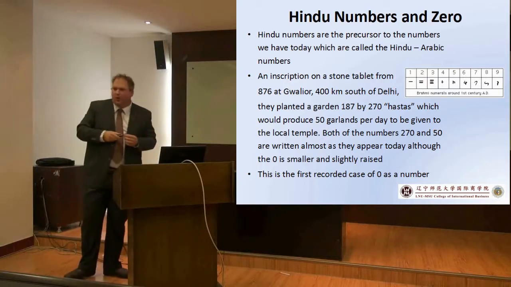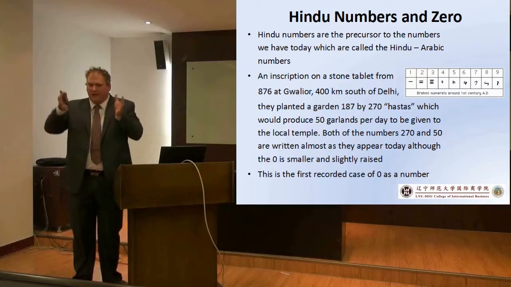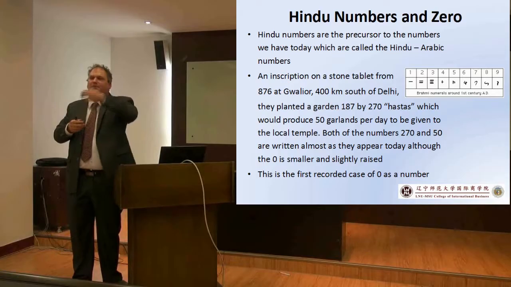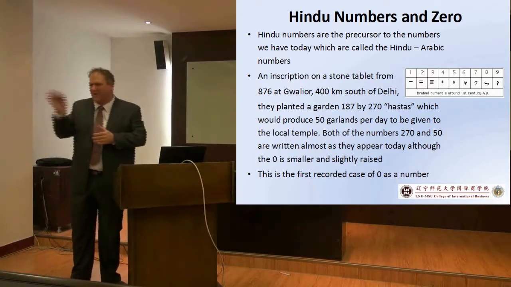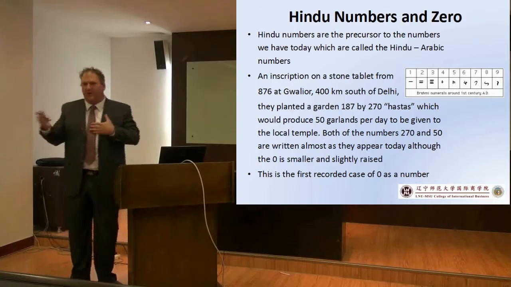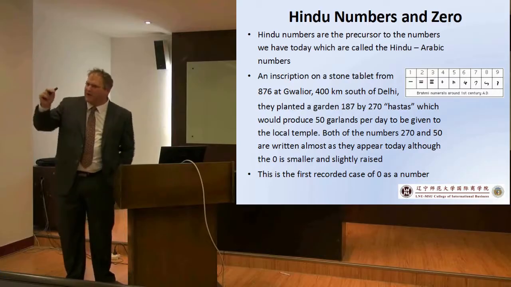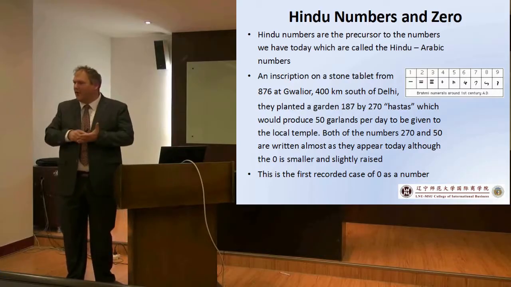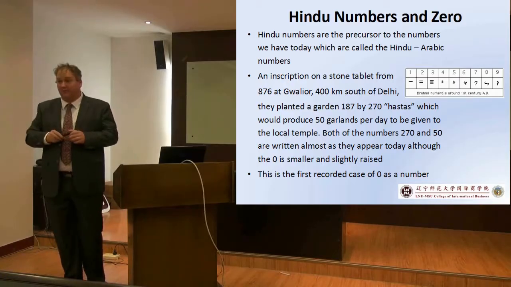Well, 0 is really important because it transformed numbers from strictly practical aspects to something completely theoretical. I mean, 0 itself is not extremely theoretical in some respects, right? You say, well, if you take 1, subtract 1, it's 0, right? But because you made 0 a number in its own right, you could start doing mathematical operations on 0.